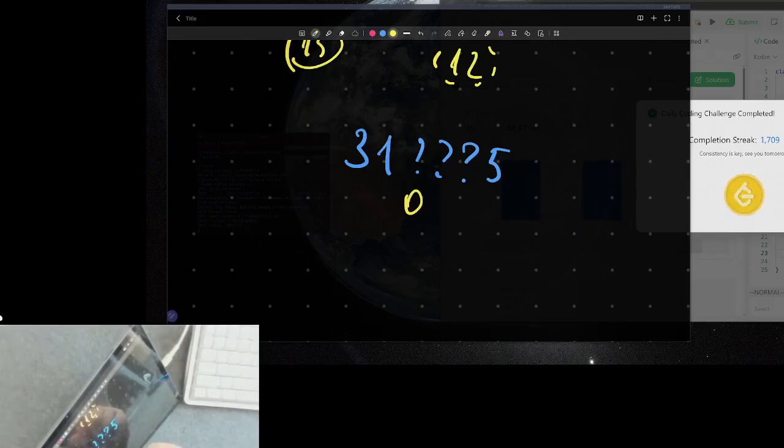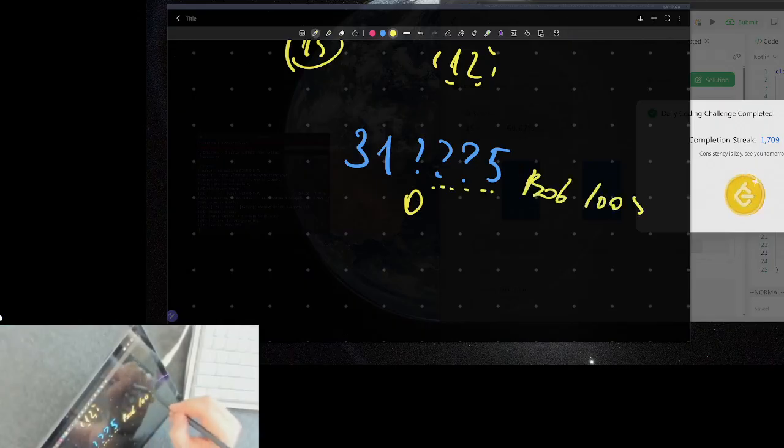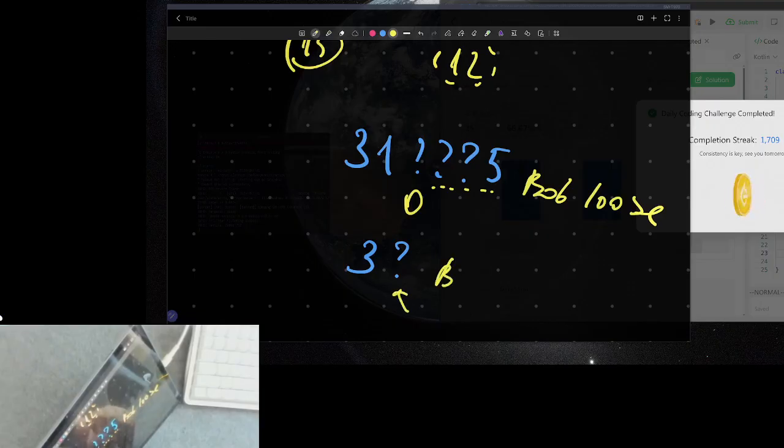Bob already loses because this is already 5. Bob loses. Let's try another example. So 3 question mark, and Alice just takes the first move and Bob again loses. So this doesn't tell us anything.